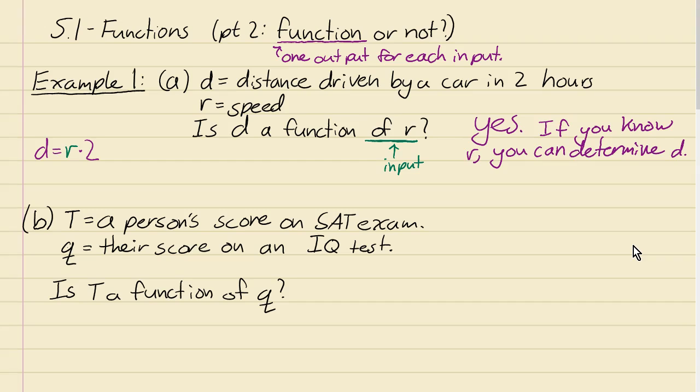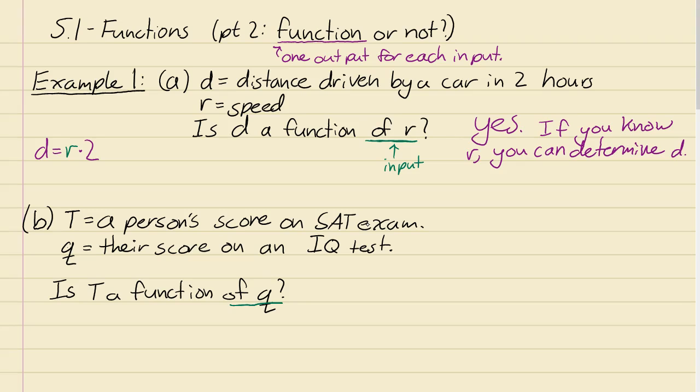If T is a person's score on the SAT exam and Q is their score on an IQ test, is T a function of Q? And remember, this notation means that Q is the input. So in other words, for each value of Q, if you know somebody's score on an IQ test, is there only one SAT score that they could get?